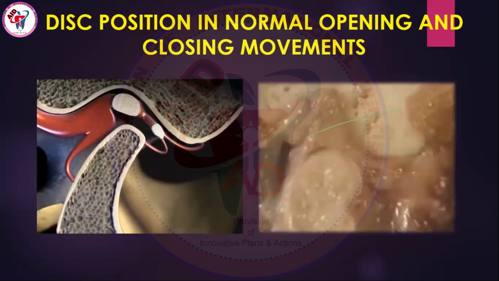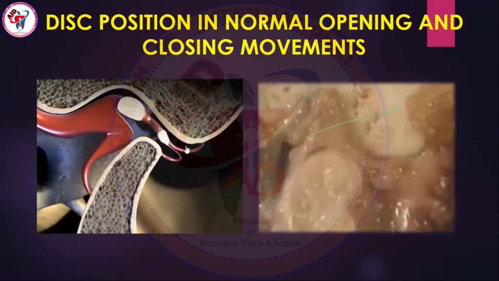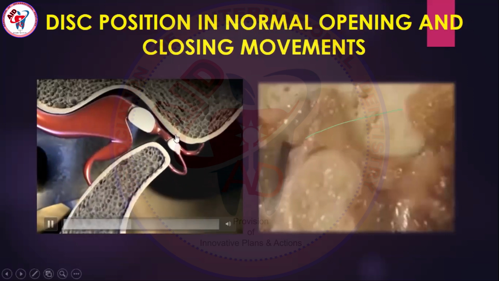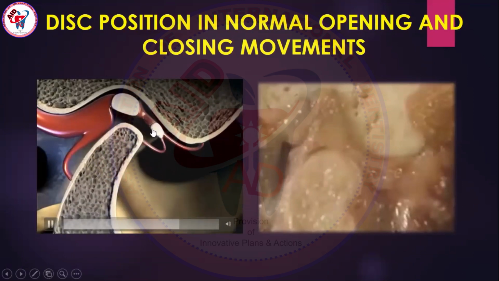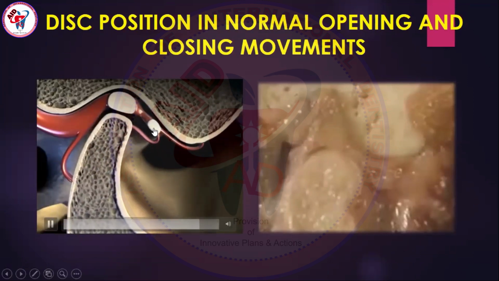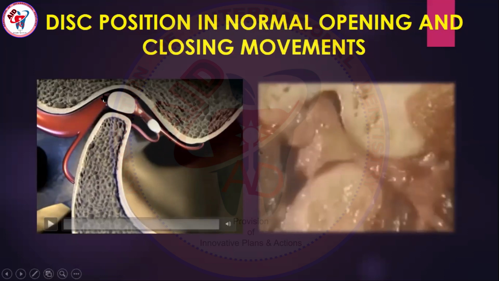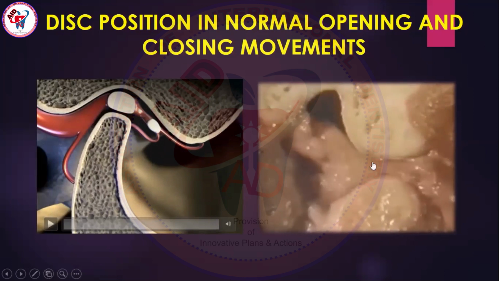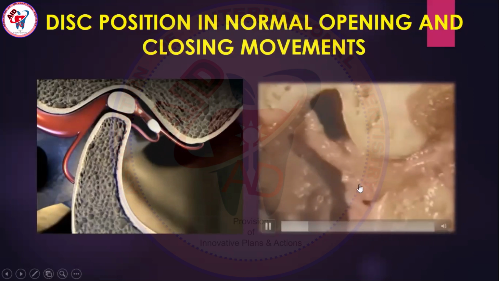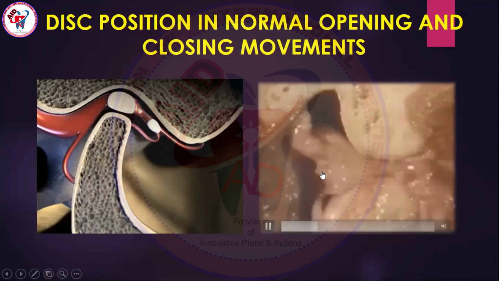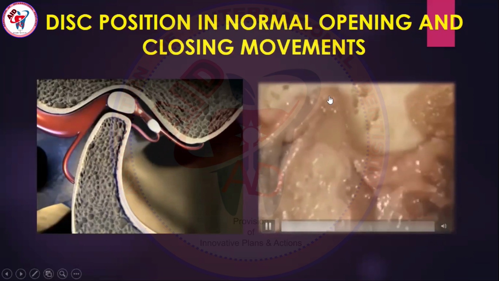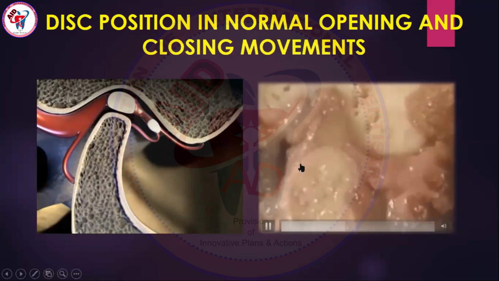You see, this is the diagrammatic presentation of the anterior, this is the superior head of the pterygoid muscle, this is inferior, this is the anterior limit of the disc, this is the middle portion of the disc, this is posterior, and these are the bilaminar zone. But look at the movement. When the condyle is in the fossa, there is no superior or inferior joint space.